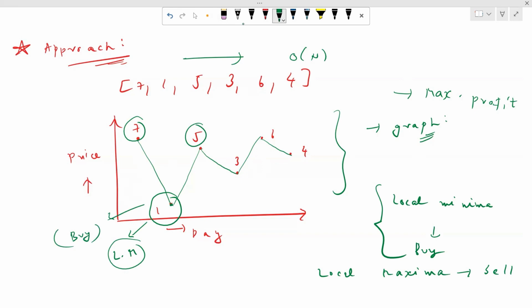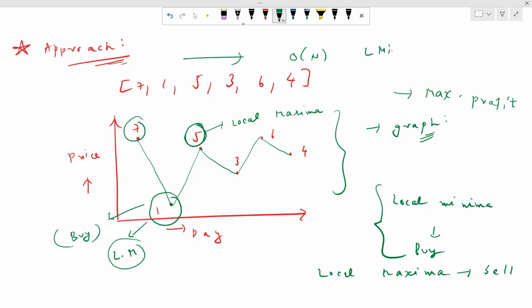Now, moving on to the 5, since the left value is less than the 5, and the right value is also less than the 5, it can be considered as our local maximum. So what's the definition of local minima and local maxima?